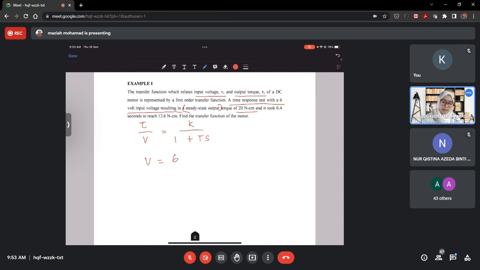And then we get the torque at steady state, because it said that the steady state output torque is equal to 20 Newton centimeter.